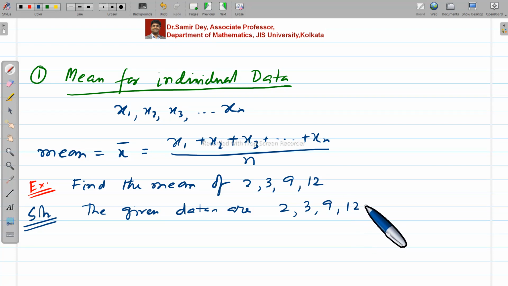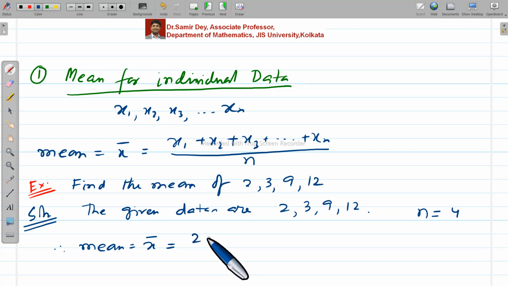Okay, so how many data values do you have? 4. So please write down n is equal to 4. Is it clear where n is coming from? The number of data. So please write down mean is equal to x bar is equal to (x1 + x2 + x3 + x4) divided by n.